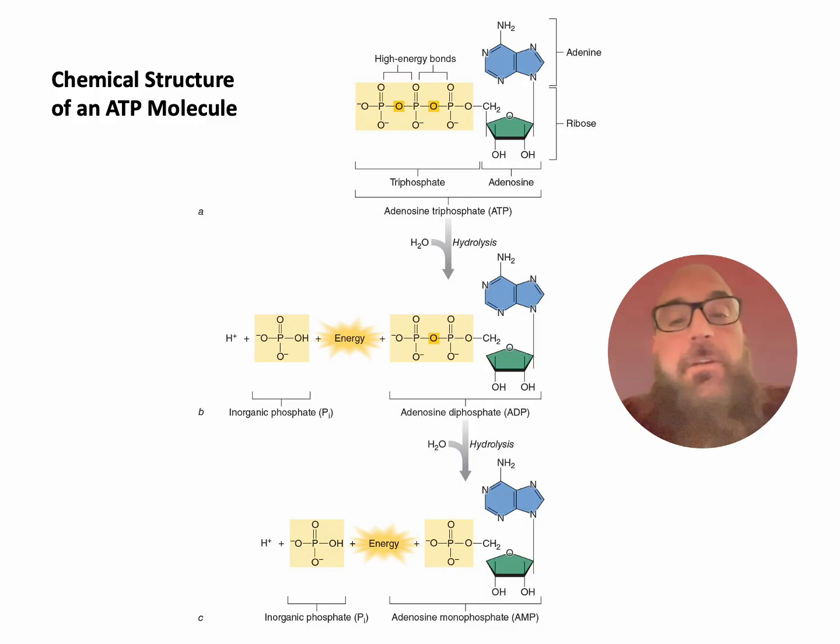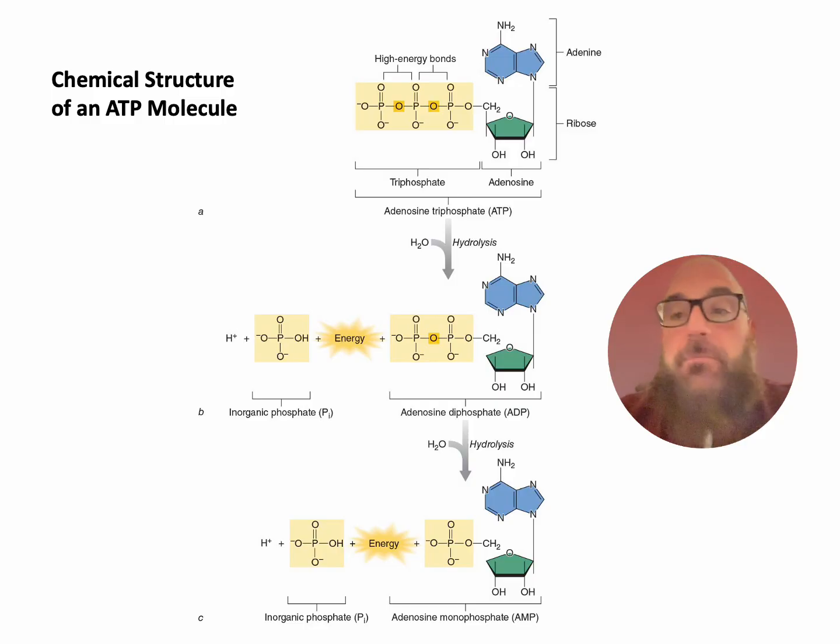You see that in the second level, and we still have two phosphates there. So that now turns from adenosine triphosphate into adenosine diphosphate. There's some water release too, or water is sort of required as part of this. Then we do it again one more time and we might get another little burst of energy, and we now have adenosine monophosphate, a single phosphate attached to that adenosine molecule.